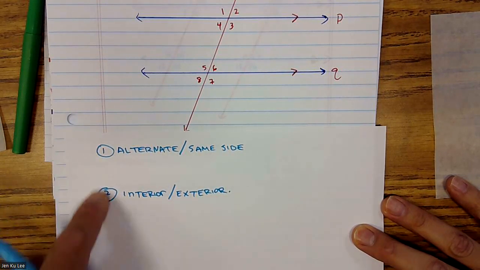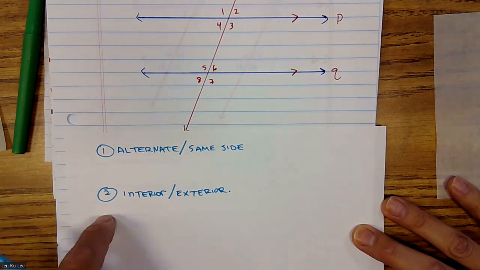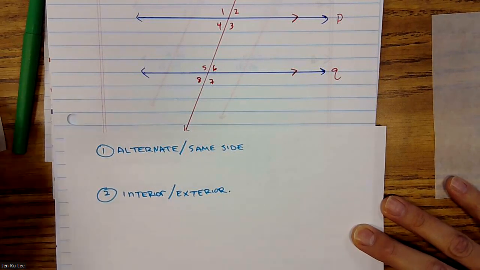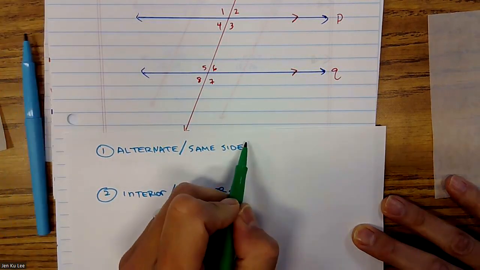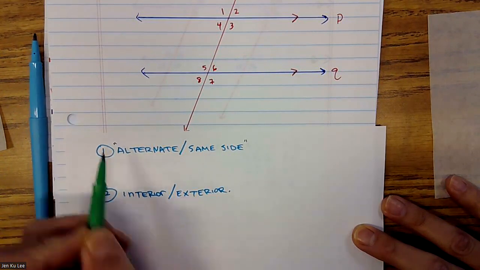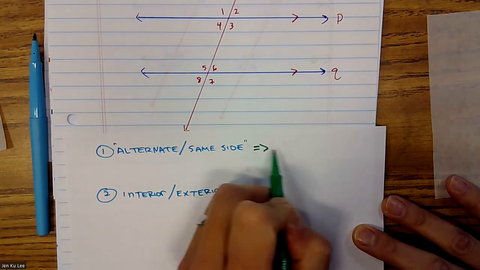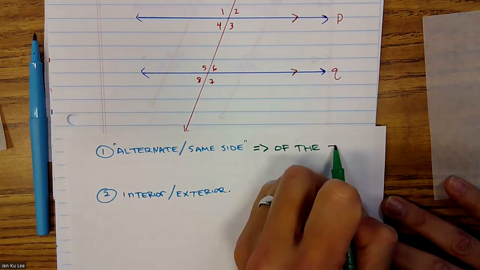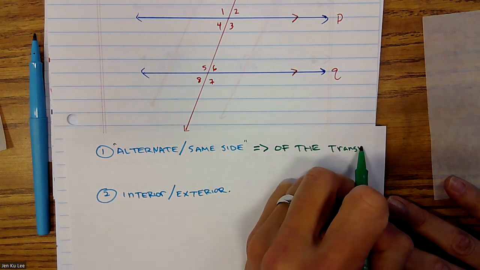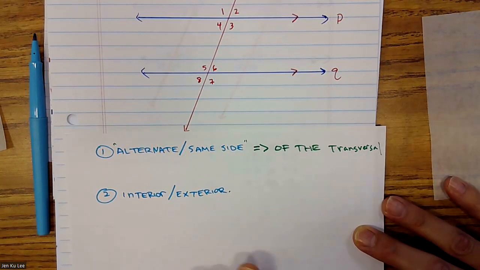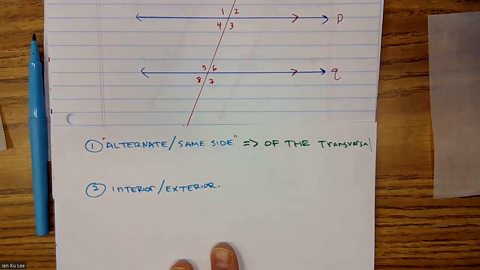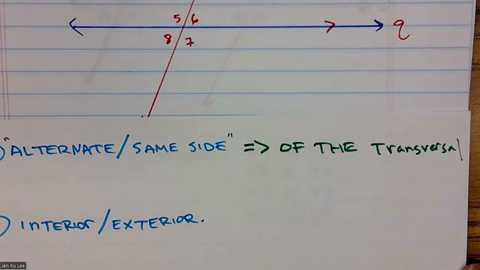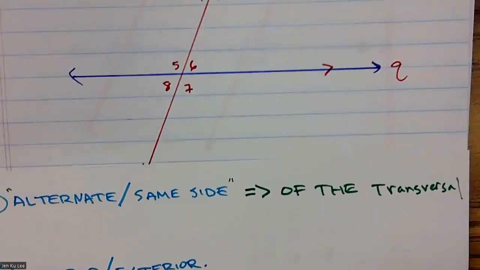And these words, this group 1 and 2, what I mean by alternate and same side is of the transversal. Okay. They're always going to be alternate or the same side of the transversal. Okay. So let's just practice that right now.